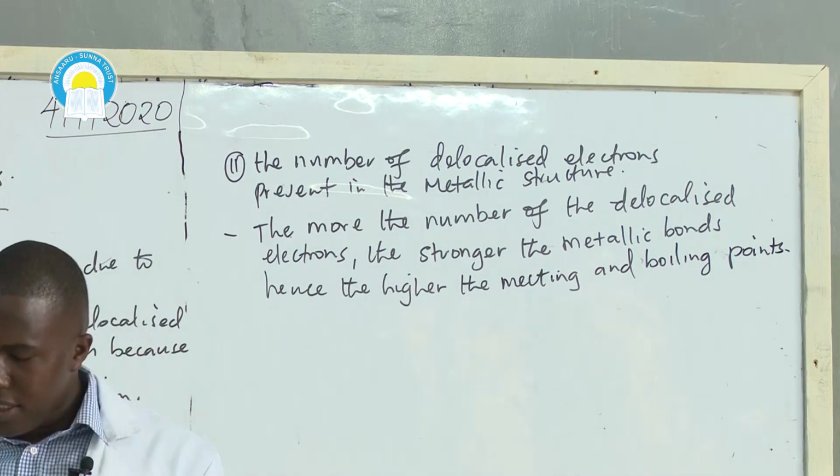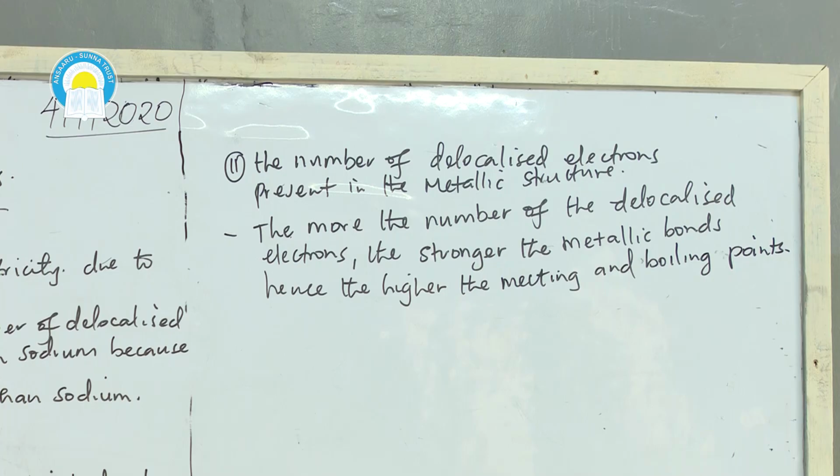Hence they are the melting and boiling point. So once you know these two factors, you will be able to know that between aluminum and magnesium, or between aluminum and sodium, which one will have high melting and boiling point.